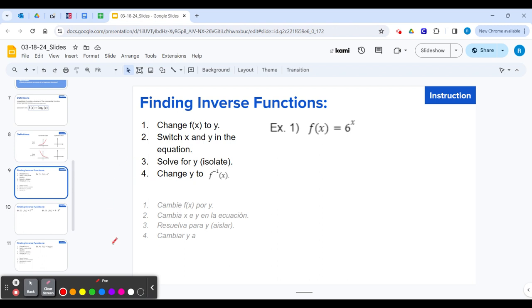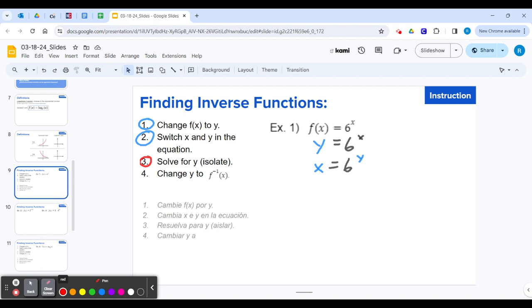So right away, I'm going to do step 1 and step 2, just changing f of x to y. So y equals 6 to the x power. And now I'm going to swap x and y in my equation to set up the idea that I am finding the inverse, all right? So now I need to solve for y, isolating it. I have a base, I have an exponent that's equal to something, so I can rewrite that in exponential or in log form.